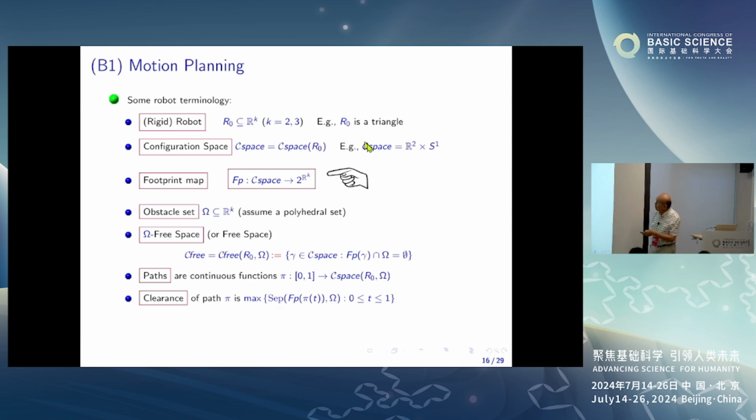And then the obstacle set, let's assume it's a polyhedral set, it's a subset of R^k. And then free space is just all those configurations where you're not hitting any obstacles. You're free from the obstacles. And paths are just continuous functions that map into the free space. And the clearance of a path is just the closest you approach to hitting the obstacles.